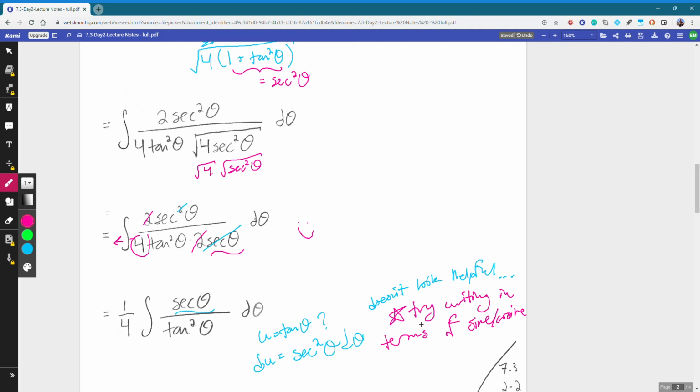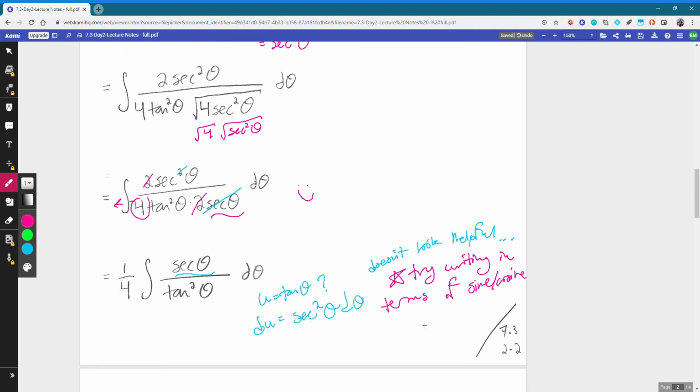And so to do that, we just need to remember the basic definitions here. Secant up top, that's 1 over cosine. And tangent theta is sine over cosine. And so up top, we're going to have this 1 over cosine theta. And in the bottom, sine over cosine is going to be squared. And so we'll have sine squared theta over cosine squared theta, taking that square and distributing it to the numerator and denominator.